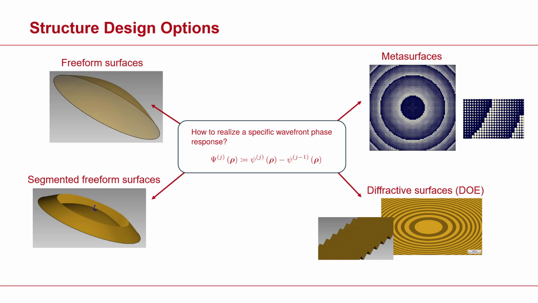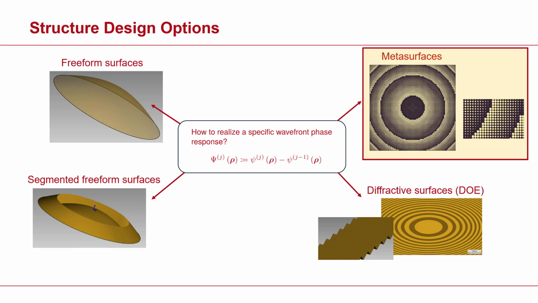We can select a structural embodiment in the form of a freeform surface, a smooth surface, or a freeform surface that is segmented, or a diffractive profile, or, as is going to be the main topic today, a meta-surface.